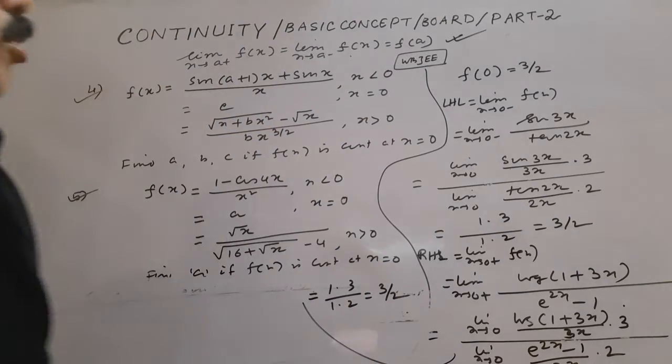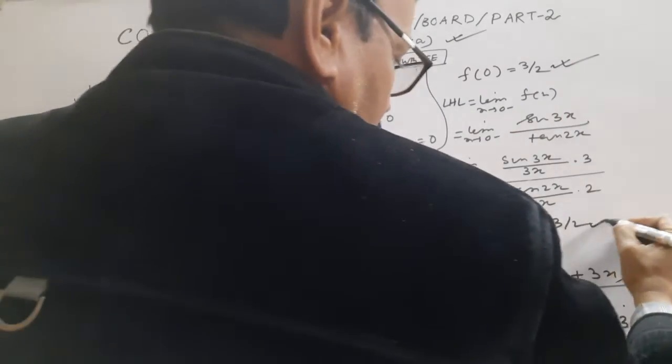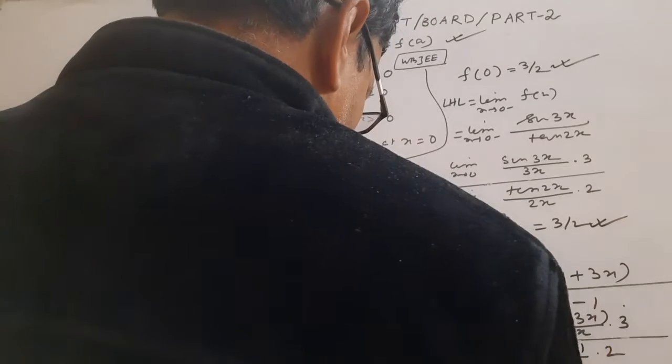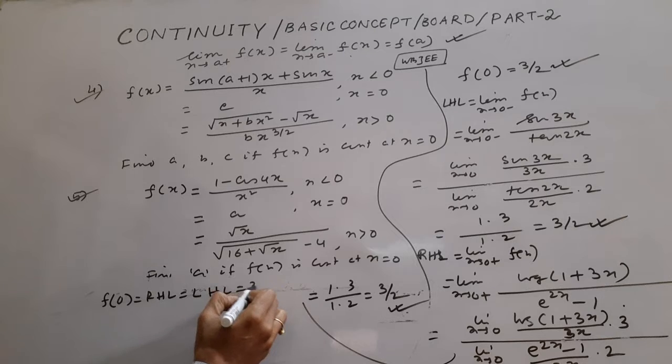So finally what you are getting, f(0) equals 3 by 2, left hand limit equals 3 by 2, right hand limit equals 3 by 2. So final calculation is f(0) equals RHL equals LHL equals 3 by 2.